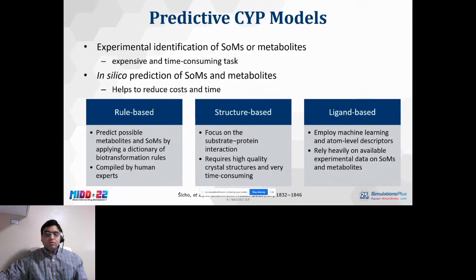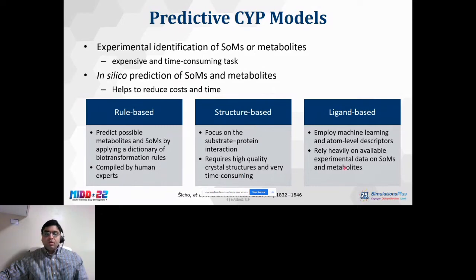But the issue here is that it requires high quality crystal structures, it requires higher computational cost, and is very time consuming. And not to mention, there are other factors contributing to it, which include docking, scoring functions, and flexibility of CYP isoforms. So the major concern with structure based is the time consumption and the requirement of high quality structures.